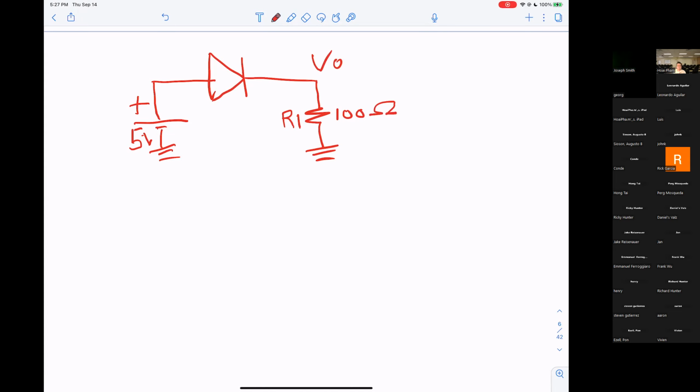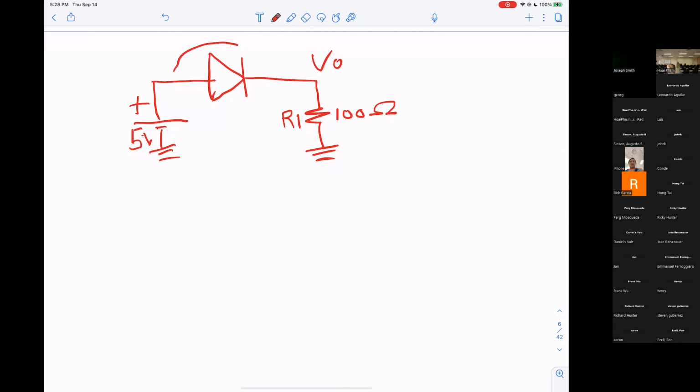Okay, now you see the circuitry with a diode. So if you're looking into the circuitry, then you have to know whether the diode will be on or the diode will be off. And you understand the VD.